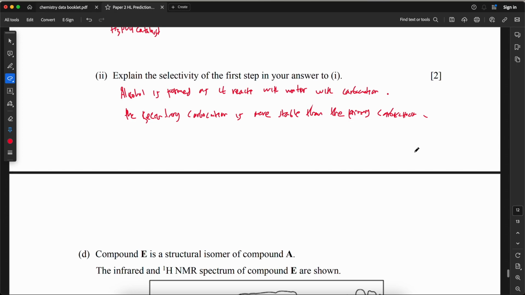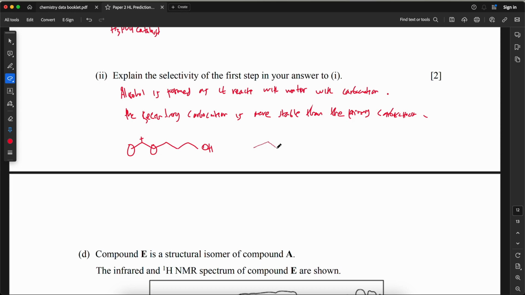But why is it secondary but not primary carbocation? So in the carbocation intermediate, this would be the +1. This secondary carbocation is attached to this alkyl and then this alkyl, CH2 and CH2.